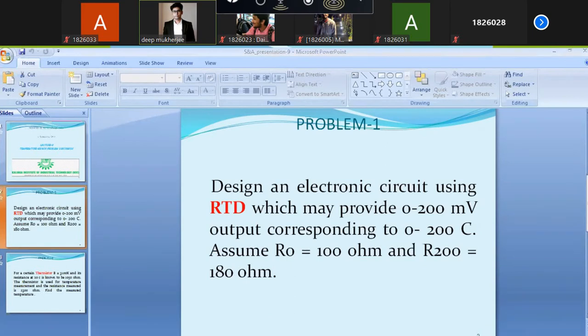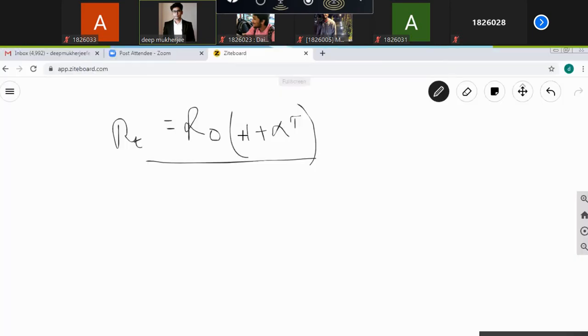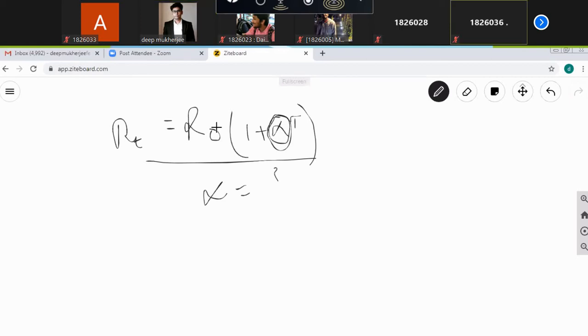Now if we put the values in, you can find the temperature coefficient, alpha, first. We know the value of R0, we know the value of RT, and T is 200, because 0 to 200 degrees Celsius is the range. So we can take T as 200 degrees Celsius.